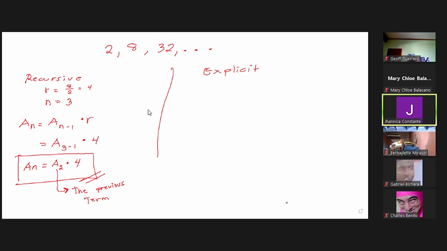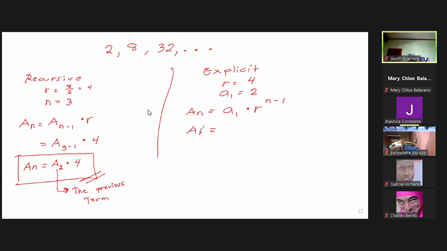While if we're going to write the explicit formula of our geometric sequence, we need the value of the common ratio and our first term. So the common ratio is the same, which is 4, and the first term is 2. So an equals to the first term times the common ratio raised to n minus 1.